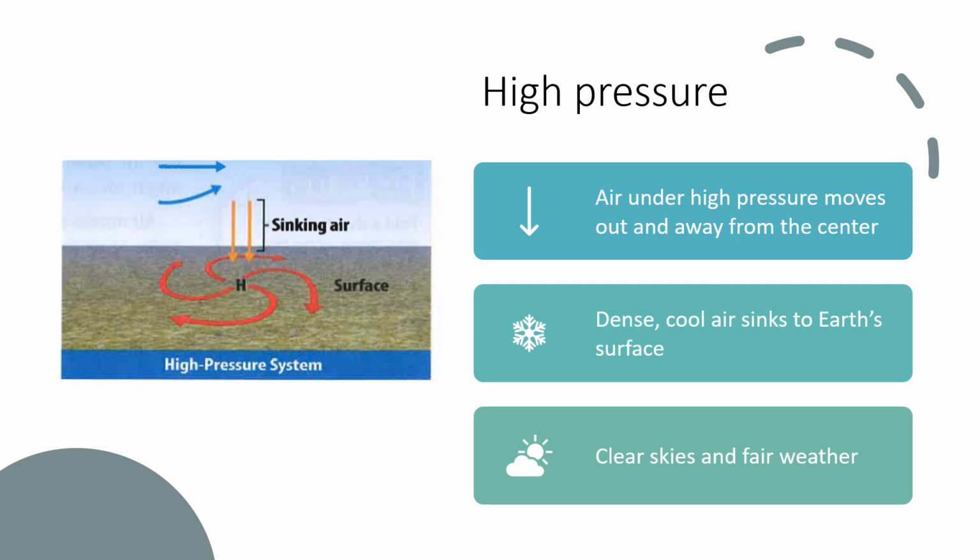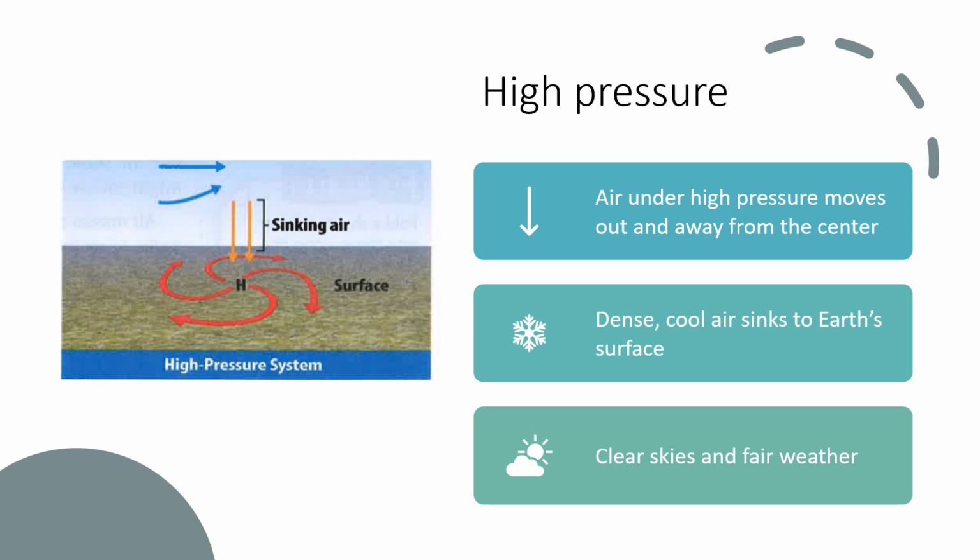Because what's happening is the air is being sucked from the very top of our troposphere, which is very light and very cold, down towards the surface, bringing down that dense, cool air with very minimal moisture, so minimal clouds can condense.